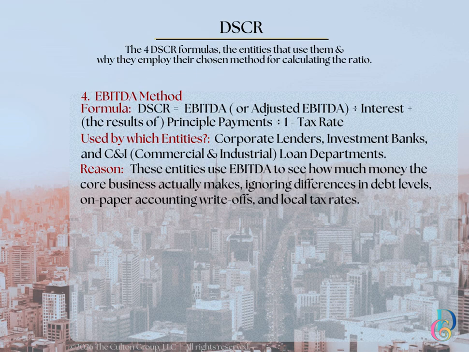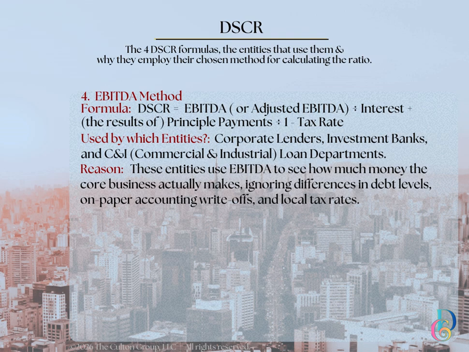So it's used by corporate lenders, investment banks, and commercial and industrial loan departments. Why do they use it? They use EBITDA to see how much money the core business actually makes, ignoring differences in debt levels, on paper accounting write-offs like depreciation and amortization, and local tax rates.